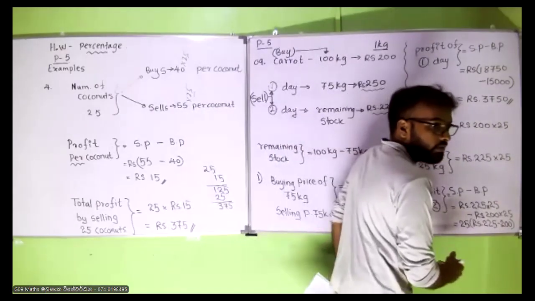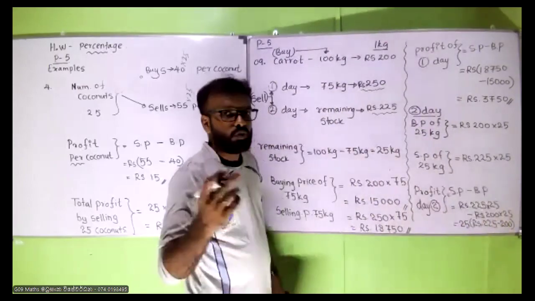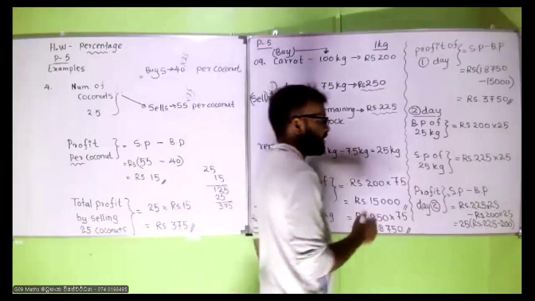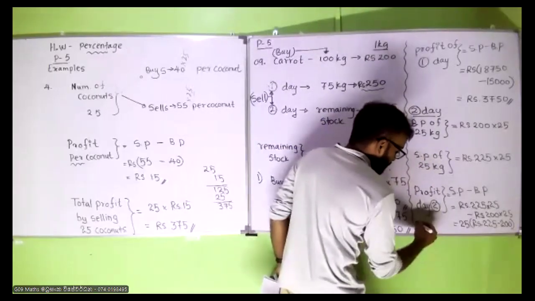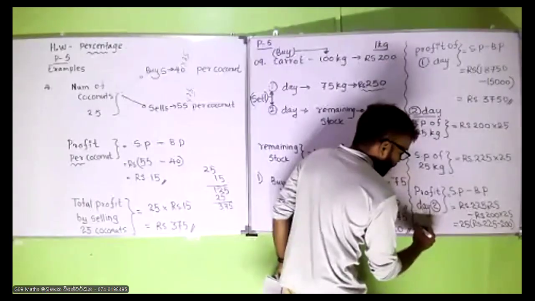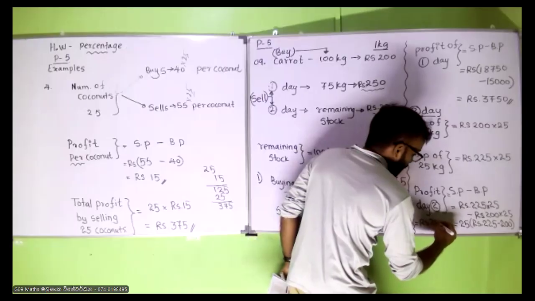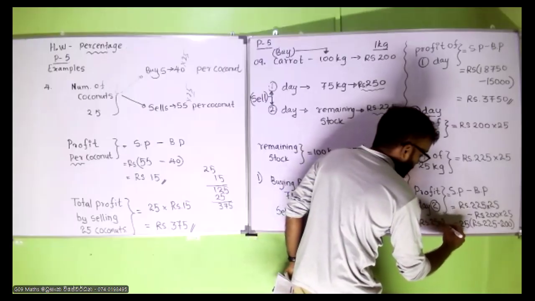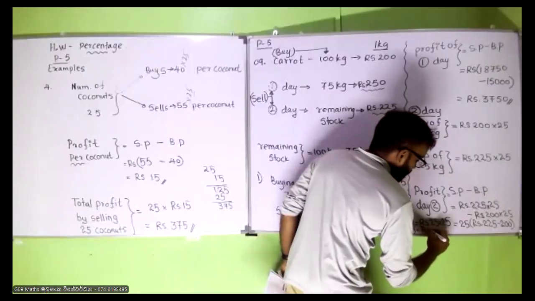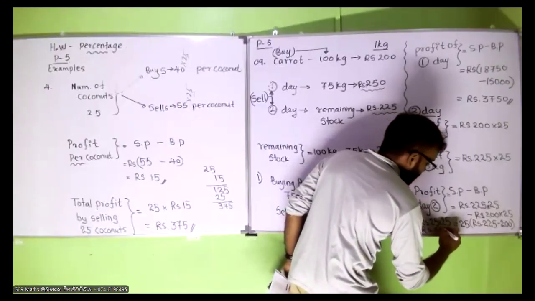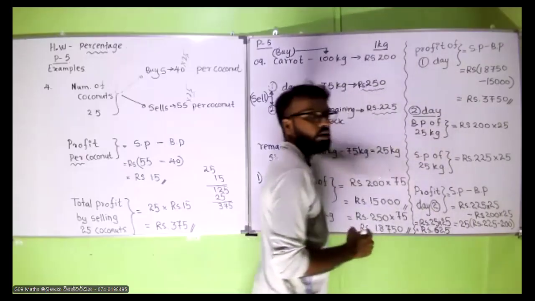So get the subtraction. 225 minus 200 means 25. 25 into 25. So that is your answer for the second day. So I will write it here. Right. So the profit of the second day is 625 rupees.